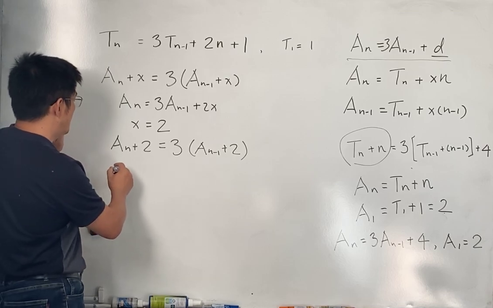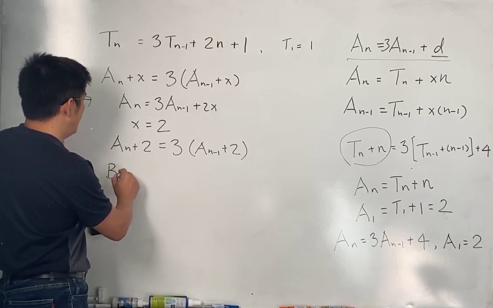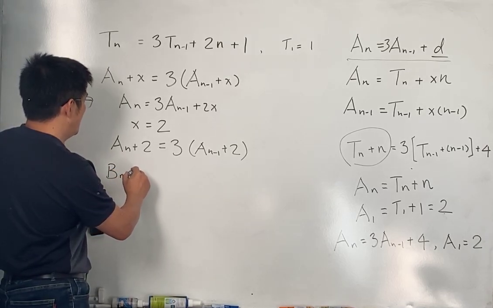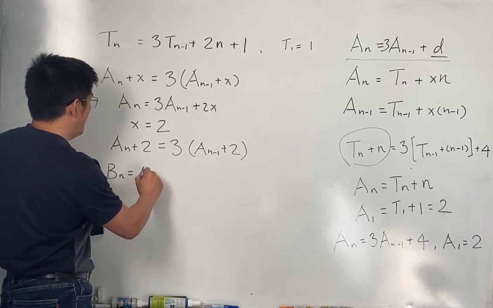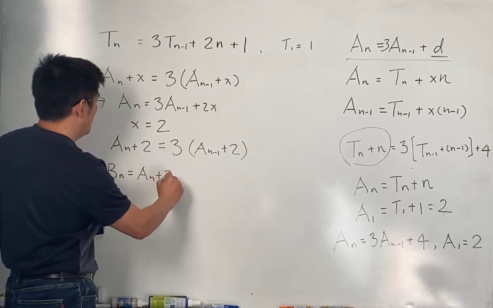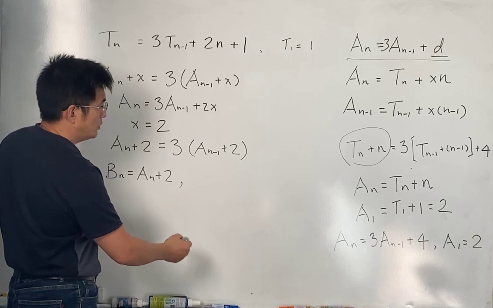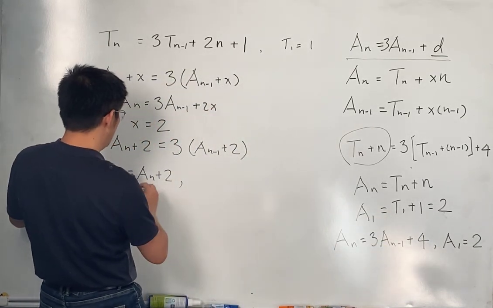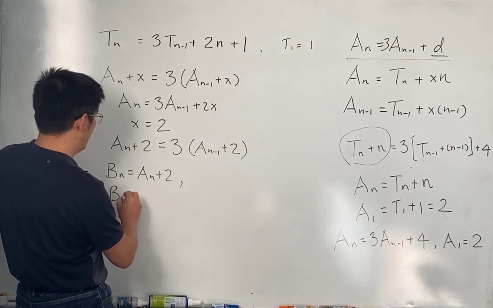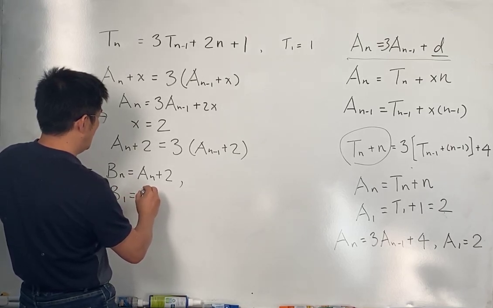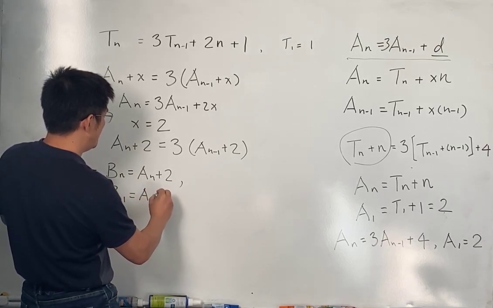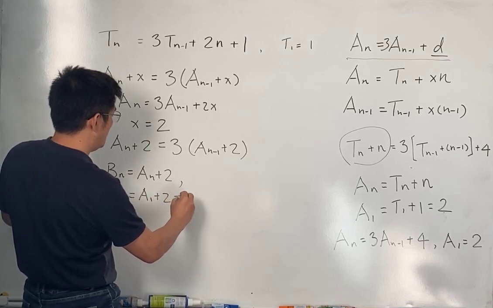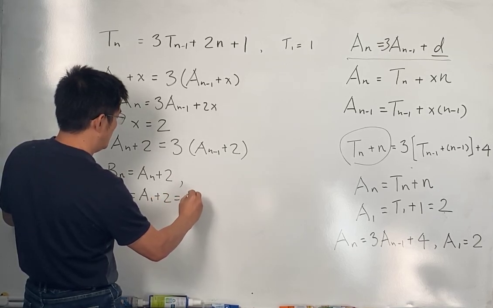If we set b of n, or b sub n, equals a sub n plus 2, then what is our a sub n? A sub 1 right there is 2, so b sub 1 equals a sub 1 plus 2, that'll be 4.